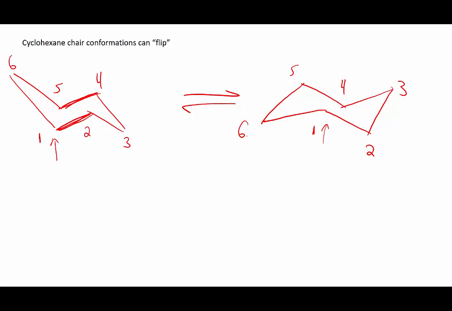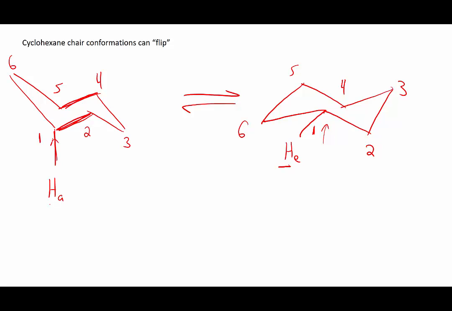Notice the carbon atoms flip during a change in a chair conformation, but the other thing that flips is also the placement of the atoms. So let's draw the hydrogen atom here, the axial hydrogen atom. Notice that's pointing down. As we do the chair flip, the hydrogen pointing down is now equatorial.